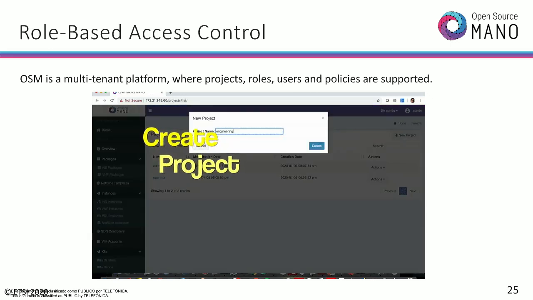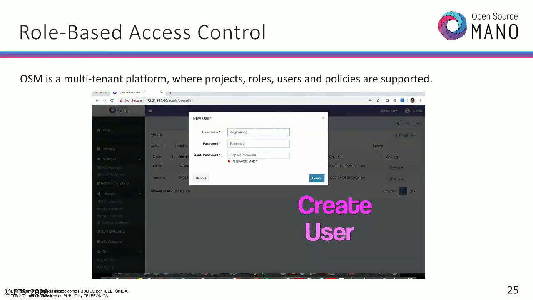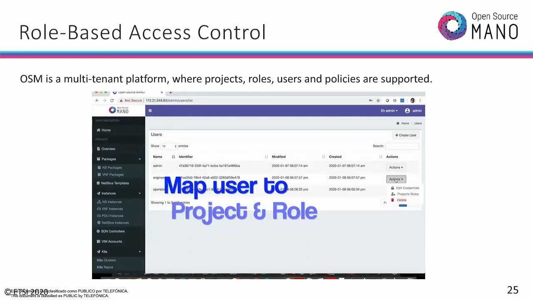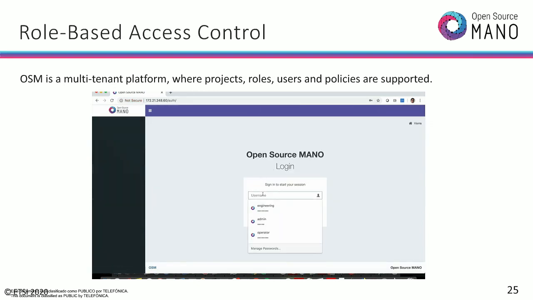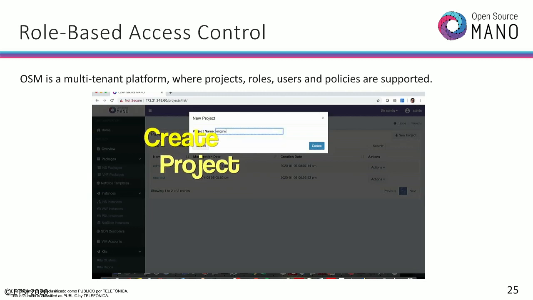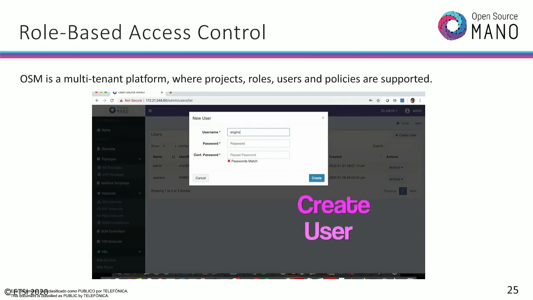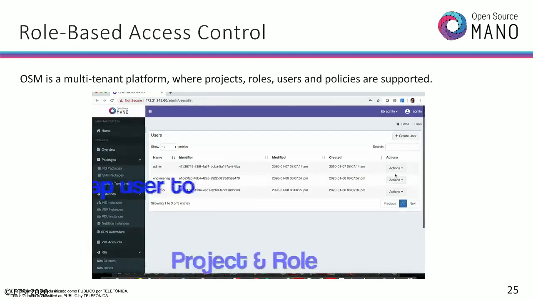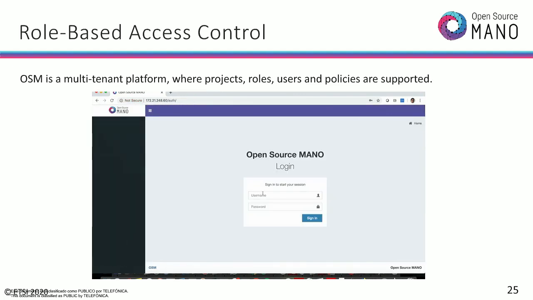By creating a project, then creating a user and associating that project with a user and a role, you get your own private environment for a particular department in your organization. This is huge for having a single OSM installation serving different departments. So you don't have to have multiple deployments if you want independent OSM environments.